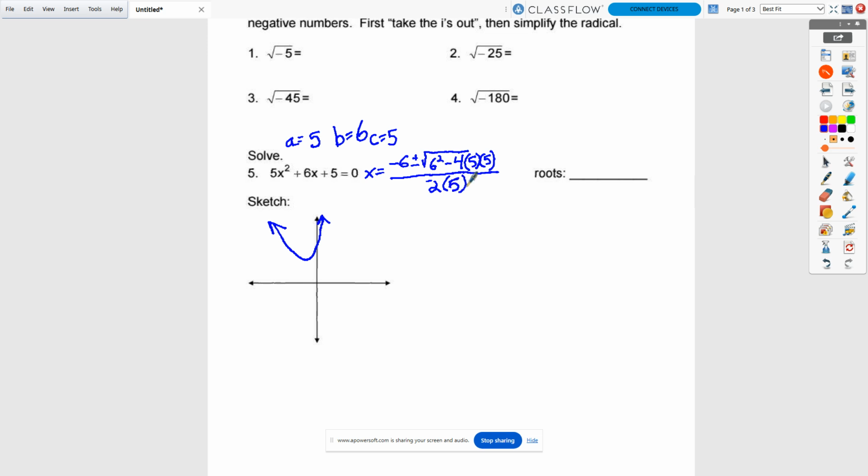And as I simplify that, notice pretty quickly that 4 times 5 times 5 is going to end up being definitely bigger than 6 squared. So I'm going to end up with a negative there. So as it simplifies, I have negative 6 plus or minus the square root of 6 times 6, which would be 36, minus 5 times 5 is 25, 25 times 4 would give me 100.